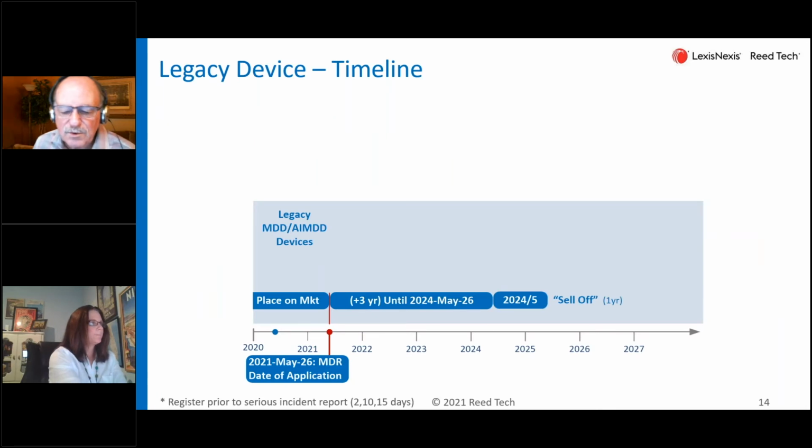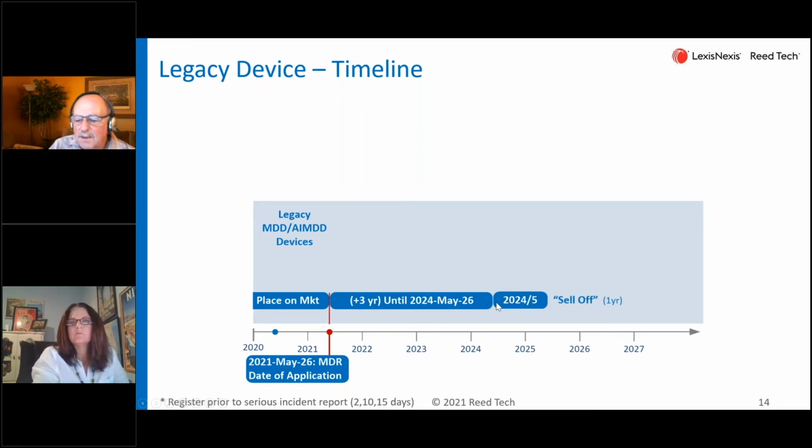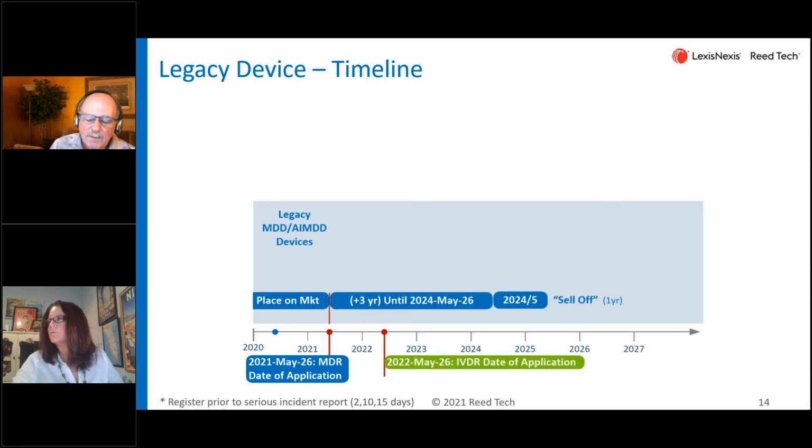So if we take a look at this on a graph, this timeline graph that we referred to earlier, what is new here under discussion, we already know about this 3-year window of transition, but the 1-year sell-off goes at the end and allows the sell-off to occur for 1 additional year. And then in parallel, you have this date of application for the in vitro diagnostic.